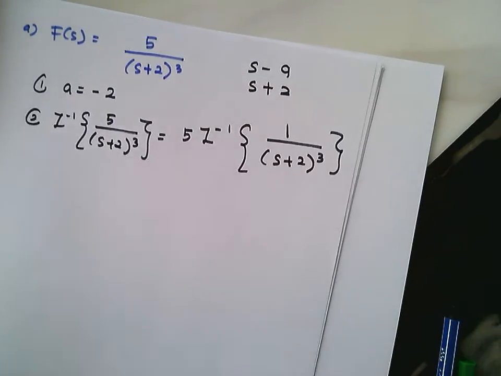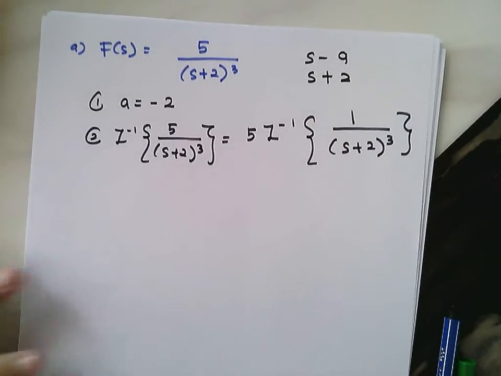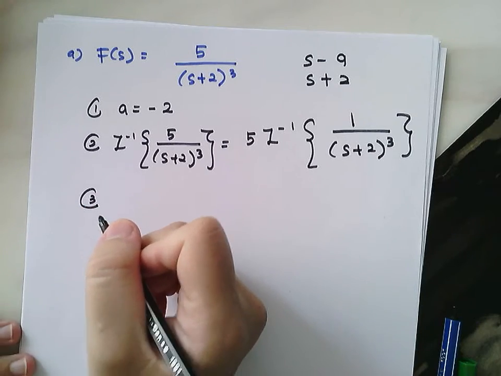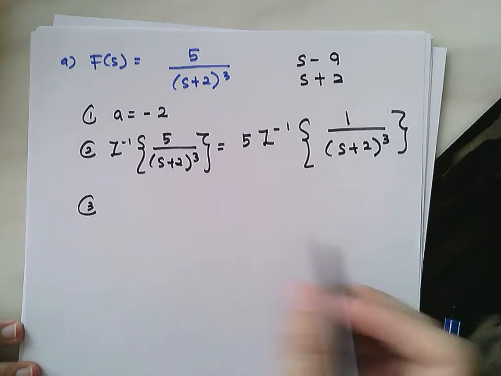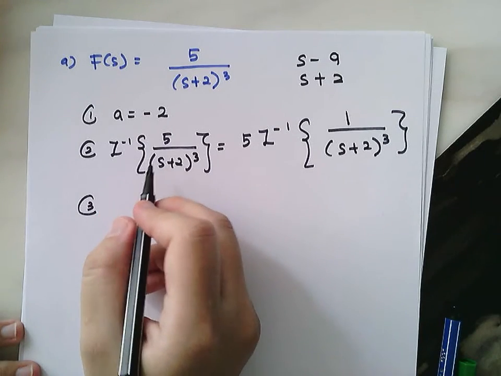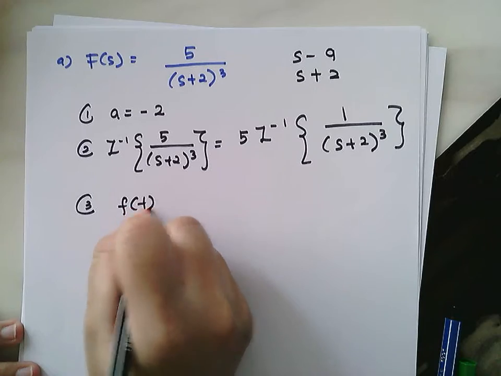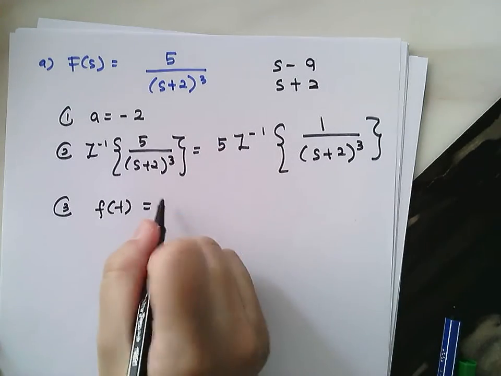Therefore, by using the first shift property, you will have the exponential times the Laplace inverse of this one, which is your f(t). So your f(t) is equal to 5.